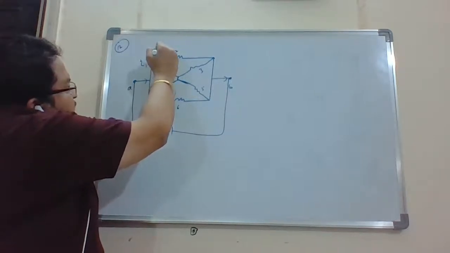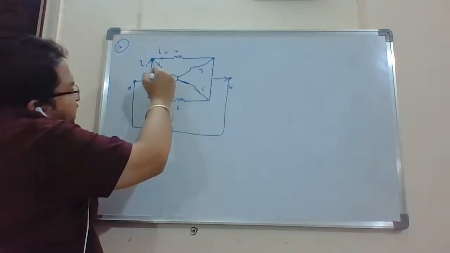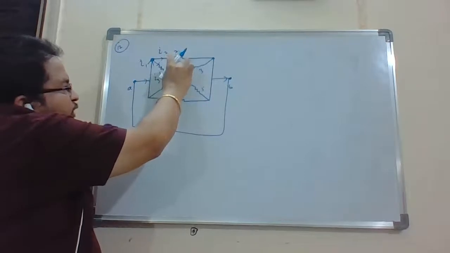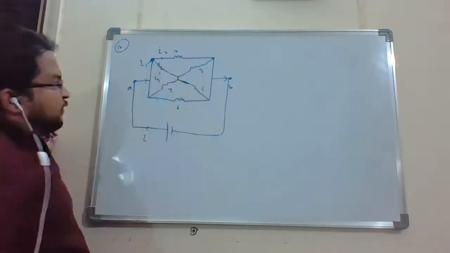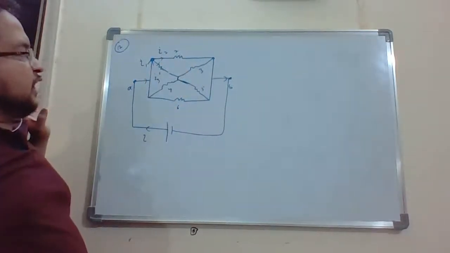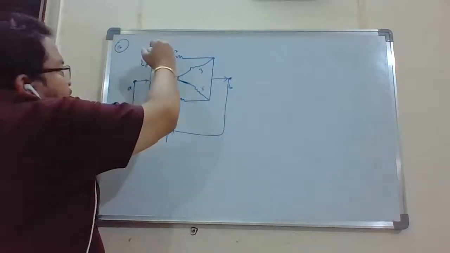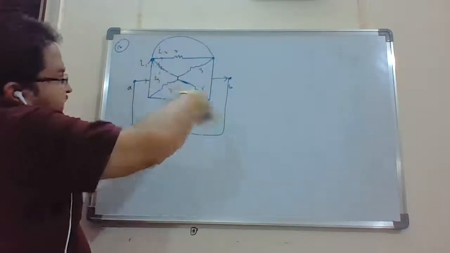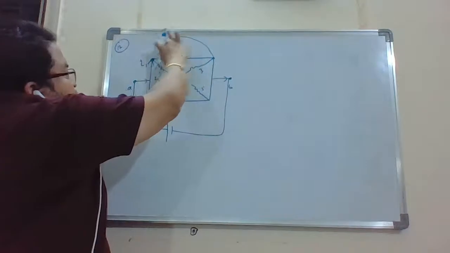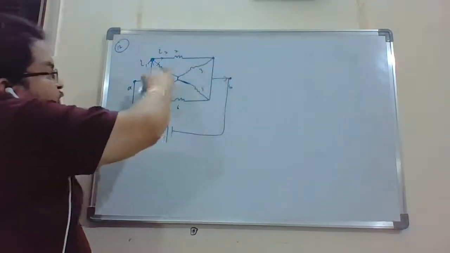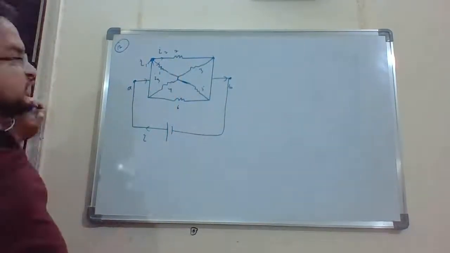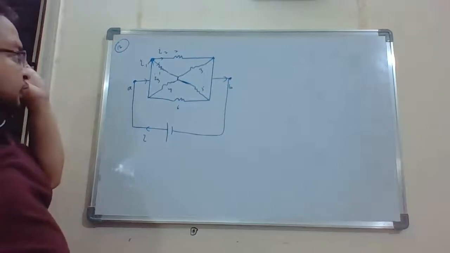This part and this part: some I2 and some I3. Both of these have some resistance, so current will get divided. If suppose I put a short circuit path, then this entire circuit you can throw away. This is useless. But there is no short circuit. You have resistors in all the paths, which means current will get divided.